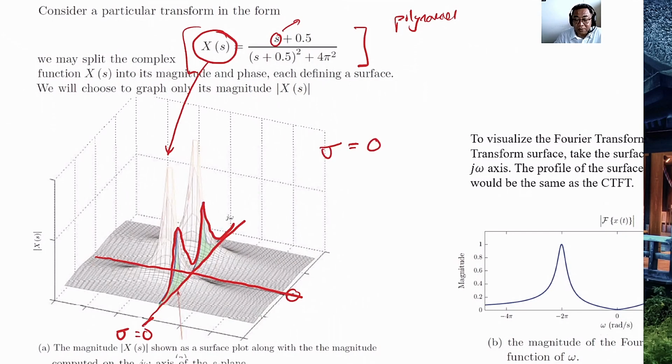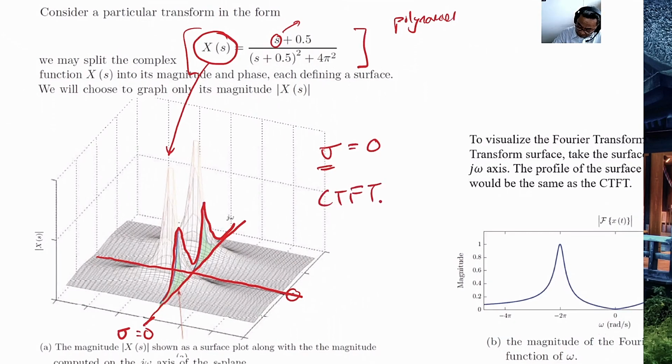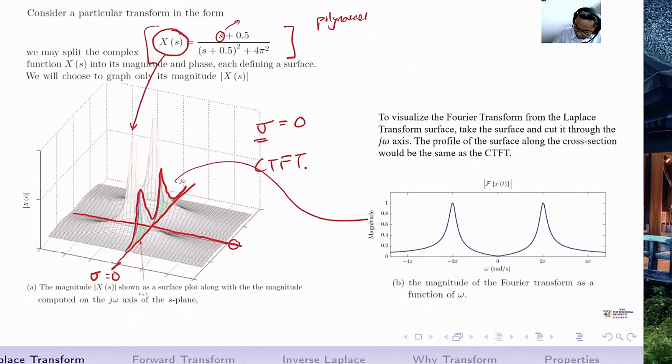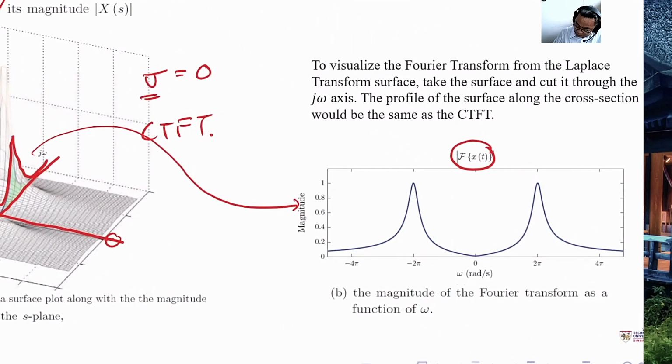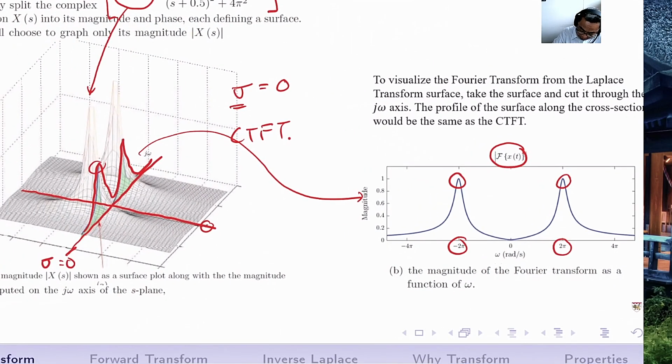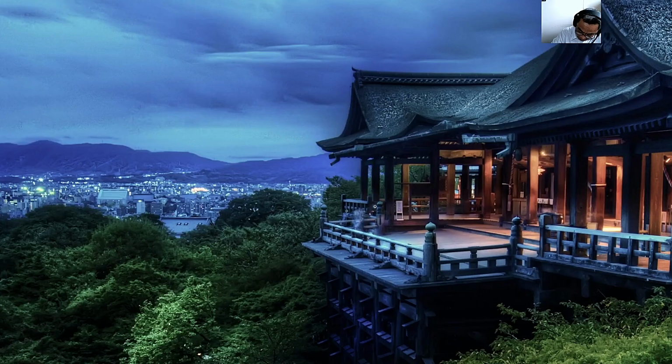And let's remind ourselves, when sigma equals 0, this is the continuous time Fourier transform of the signal. So in fact, what we extract out is the magnitude of the continuous time Fourier transform of the signal. Notice this peak here at minus 2 pi and plus 2 pi. Where are they? They are here. This peak will be minus 2 pi, and this peak will be 2 pi.